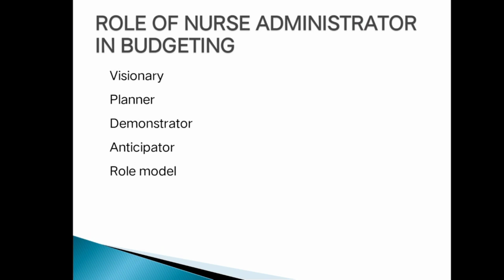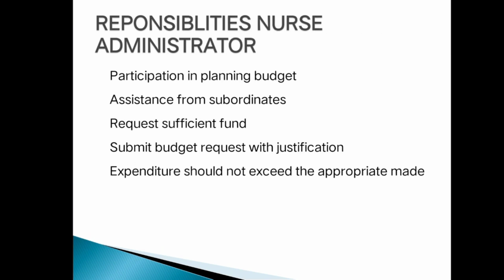As a nurse we should have efficient planning and control over the equipment, or anything we are going to plan, the estimate of budget for the year. Next is demonstrator. Next is anticipator. We should have very much anticipatory functions to do the budget process for the particular departments.